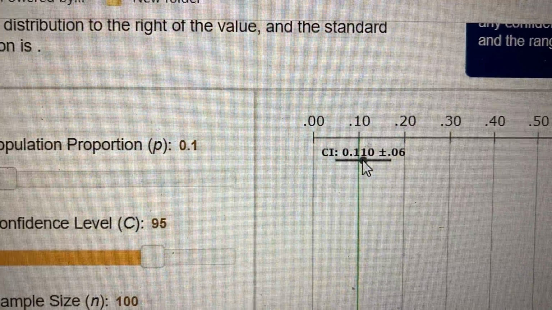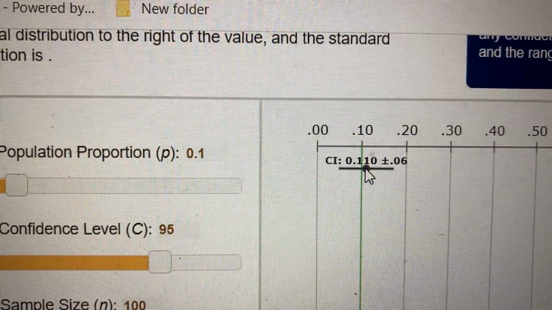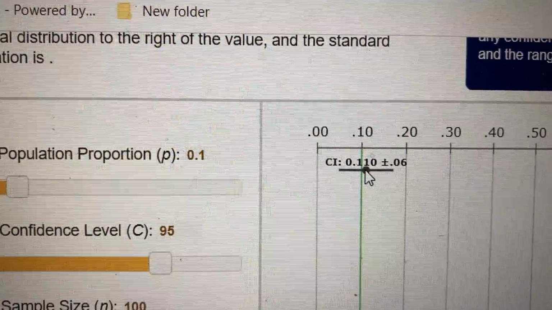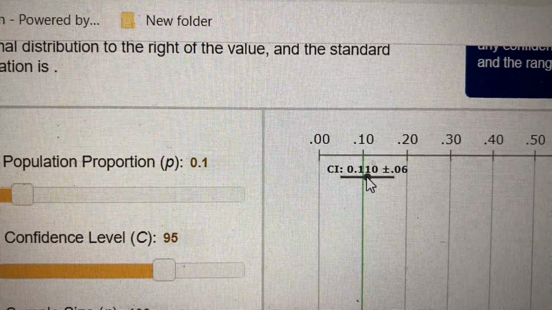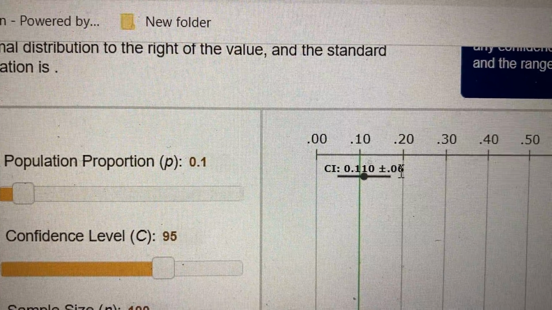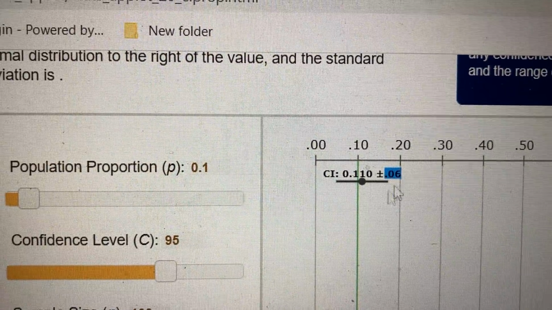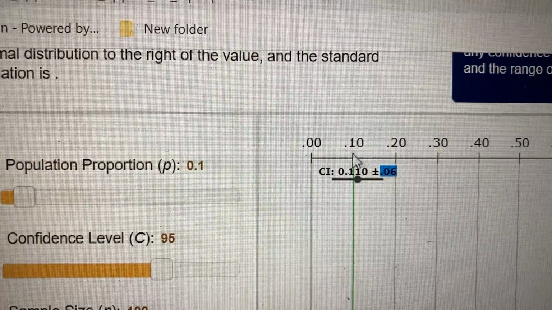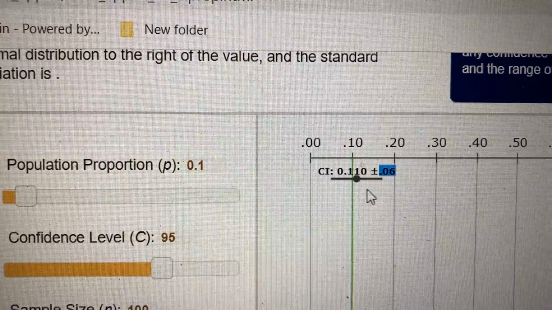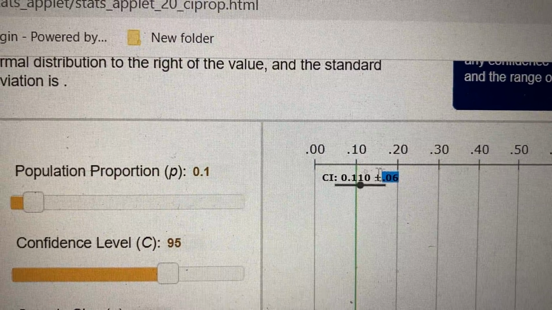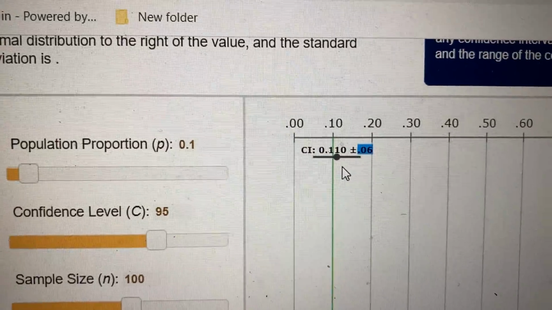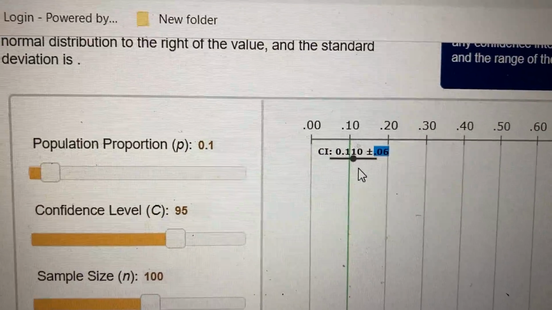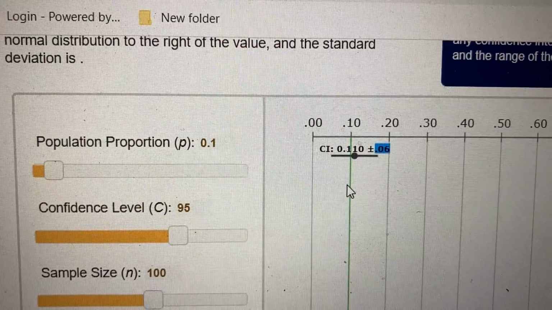We're saying that the true proportion, we're pretty confident that the true proportion is 11% plus or minus 6%. And it captured it, all right? So 10 was in that interval. This is our interval, 11 plus or minus 6. And we did good. That first sample was good. It captured the true proportion.